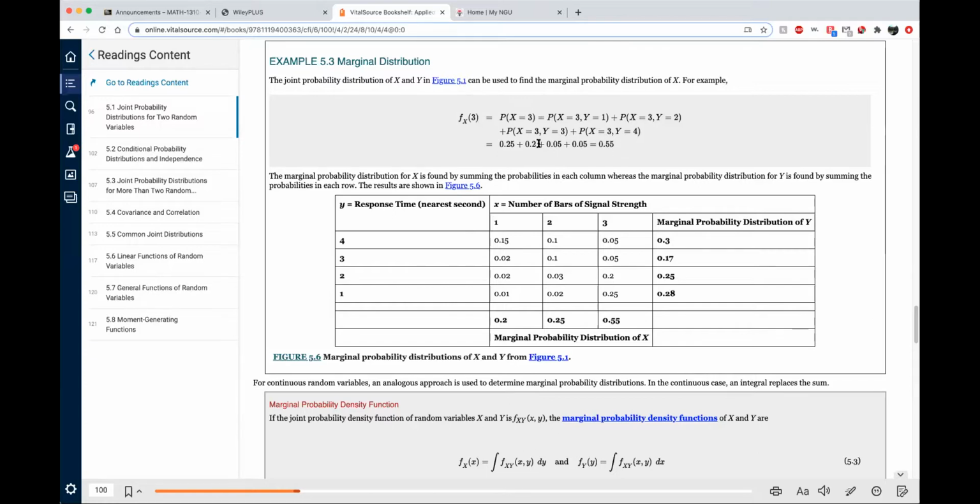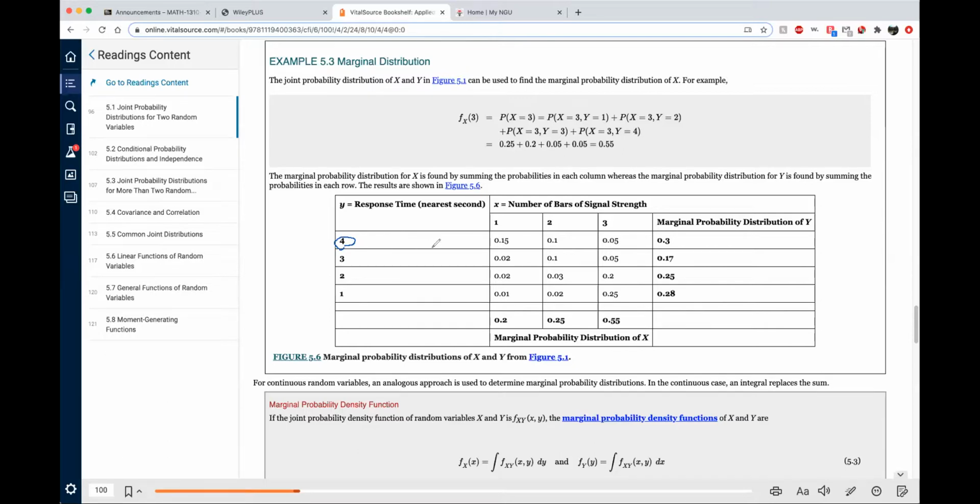In this way, we can find a marginal PMF for each x value and each y value. Figure 5.6 is the marginal probability distribution of x and y. Let's see, 4: that means the marginal PMF of y equals 4.